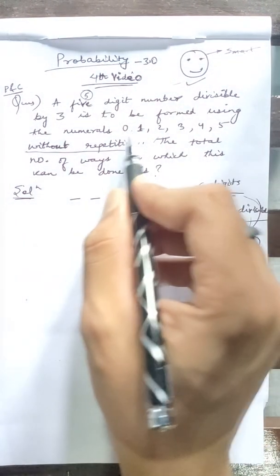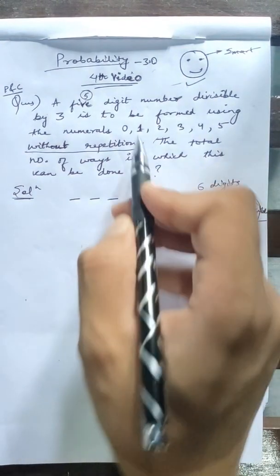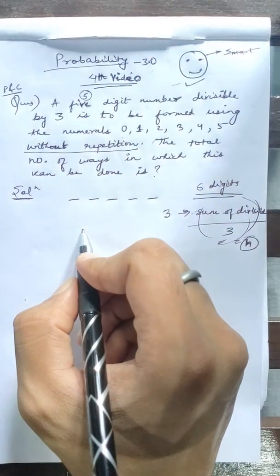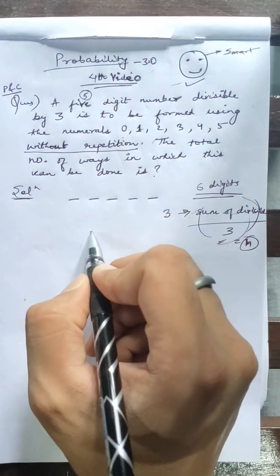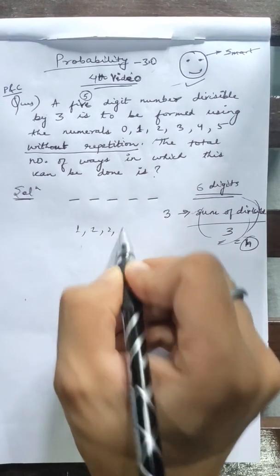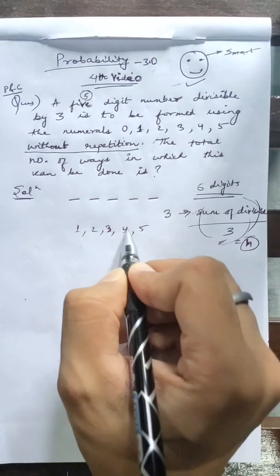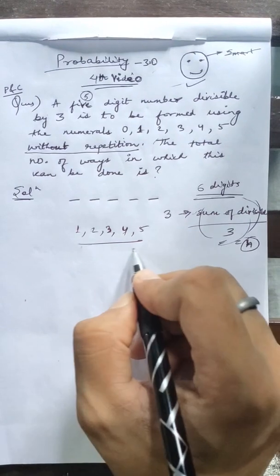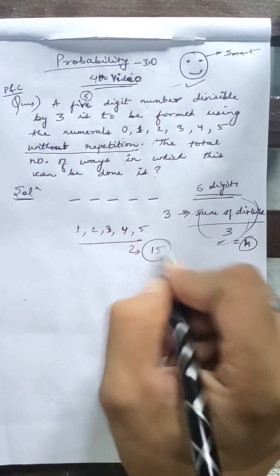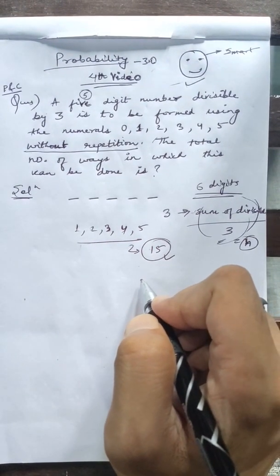So let's check. We have 6 numbers. If we add 1, 2, 3, 4, 5 together, how much do we get? We get 15, and this 15 is divisible by 3, right?